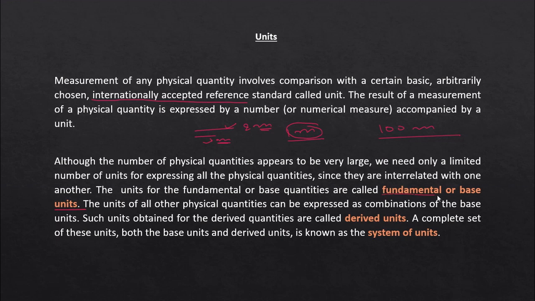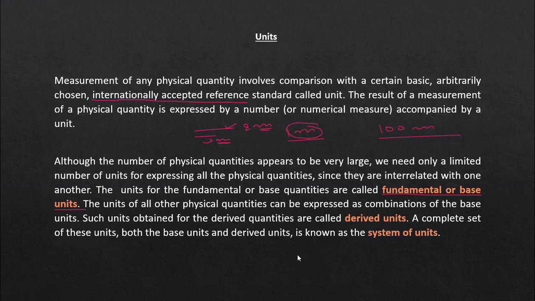So the fundamental or base units are the most fundamental units which will be required throughout our study. The units of all other physical quantities can be expressed as a combination of the base units. Such units obtained for the derived quantities are called derived units.